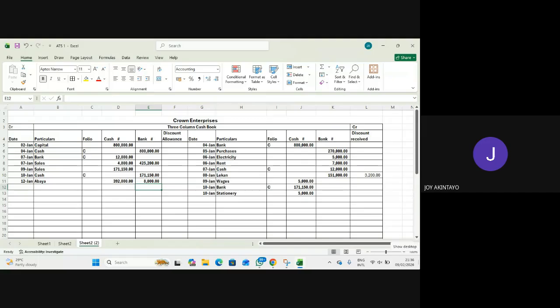So you pick your calculator. We say equals 279,000 times how many percent? 12%.